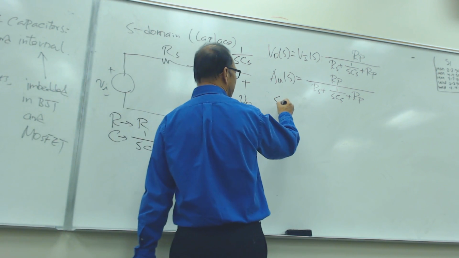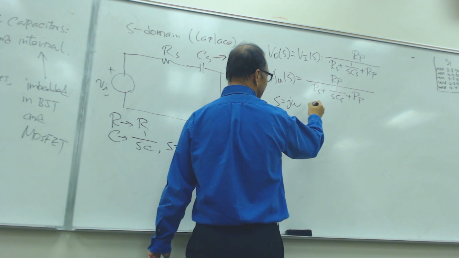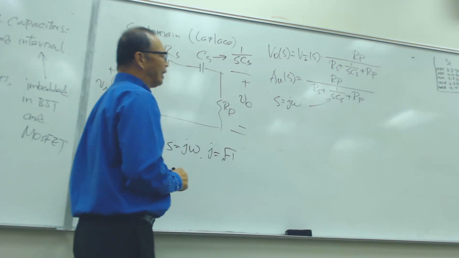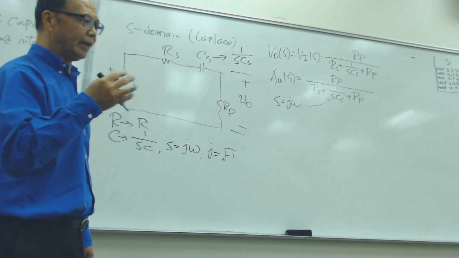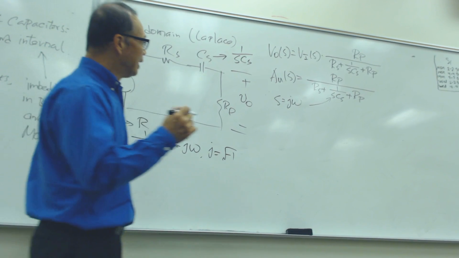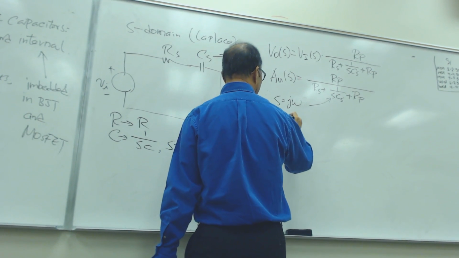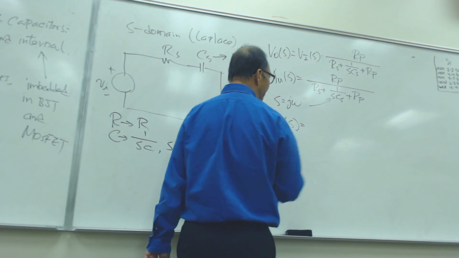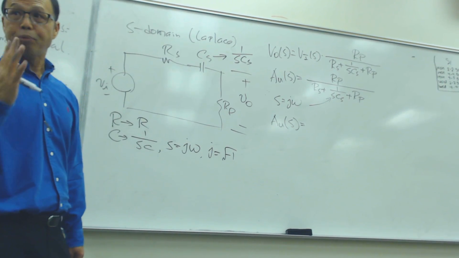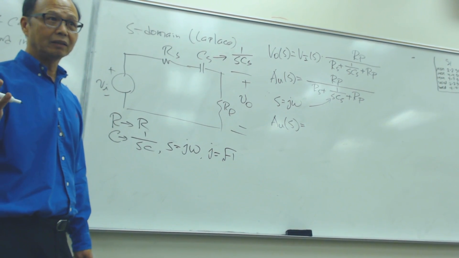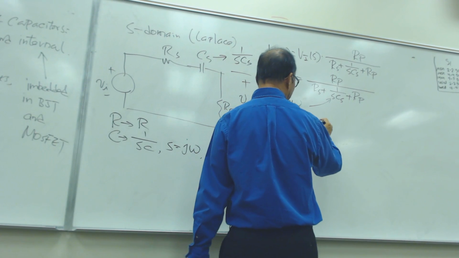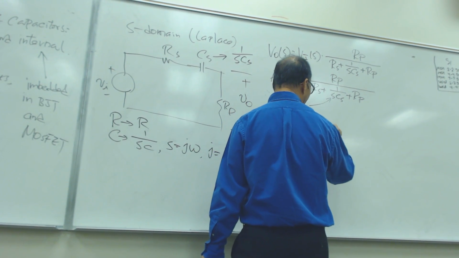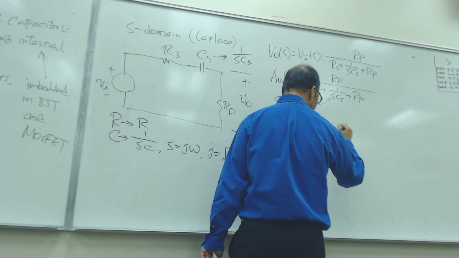Now, remember, S equals J omega, right? So if you put this here and do a lot of algebra, then the gain will become a complex number. Got it? So you can become something like a constant plus J times a different constant.